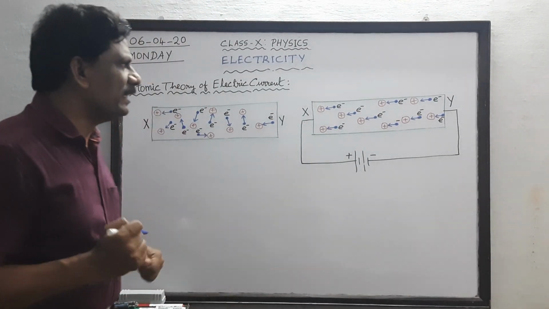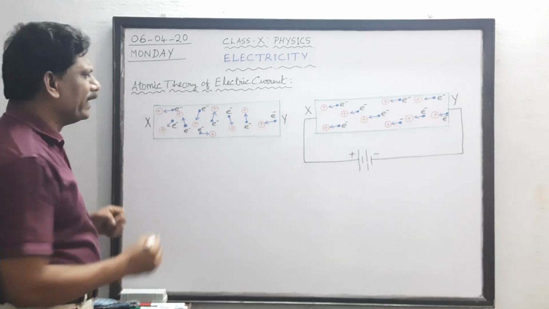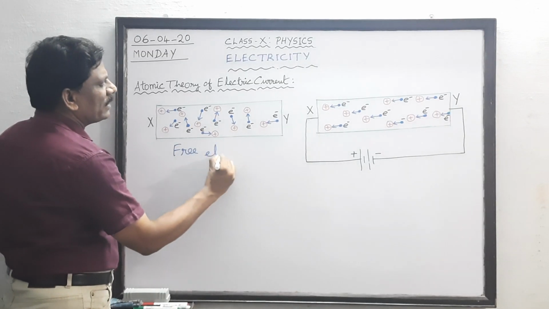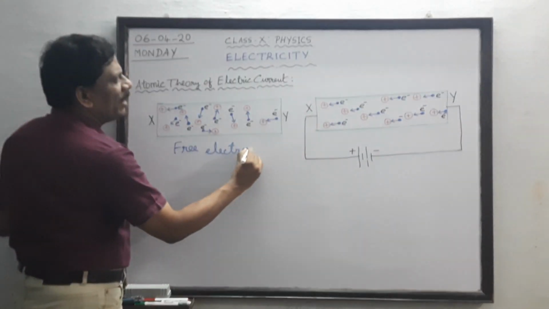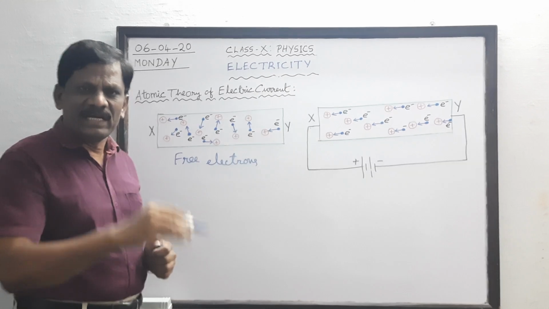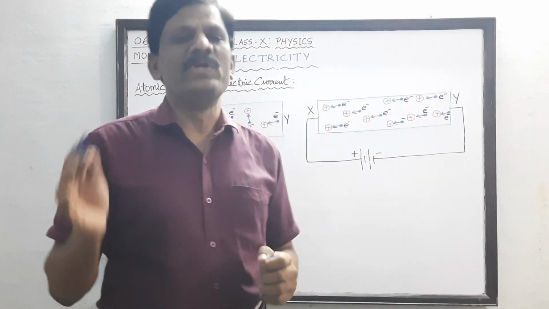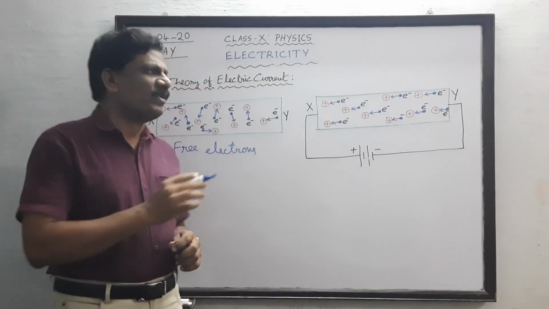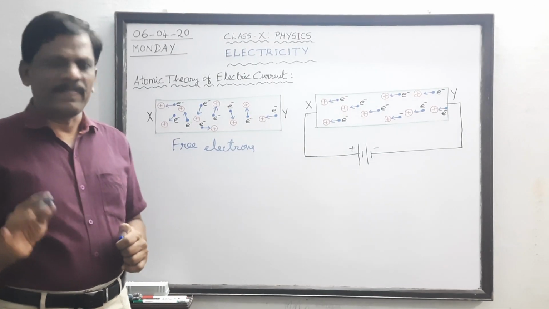That is why these outermost electrons have two names. One is they are called as free electrons. Why are they called as free electrons? Because they come out of the influence of the nucleus. They are free to move about the conductor between the two ends X and Y. Okay.